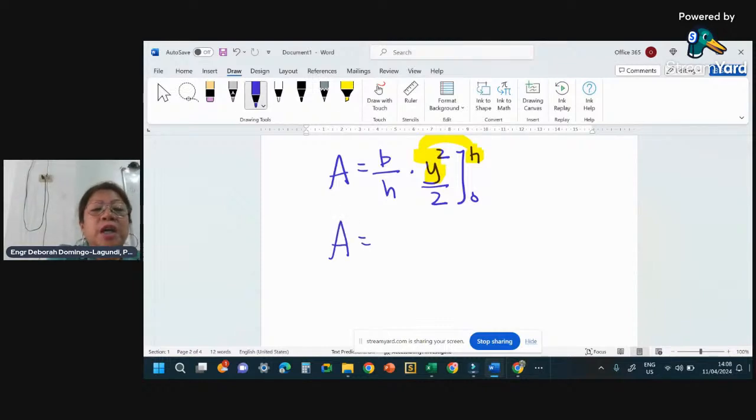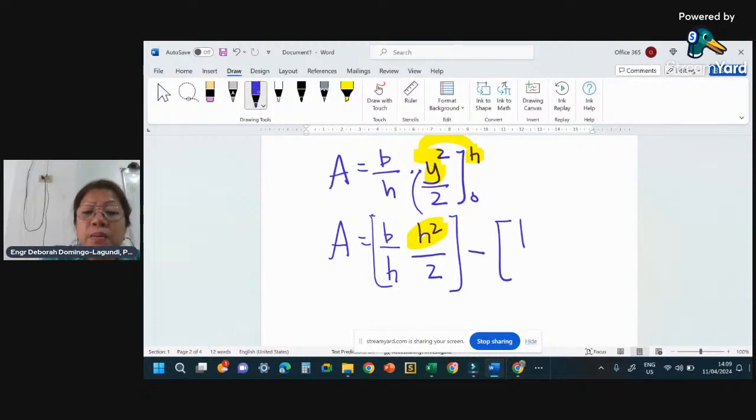So you have A is equal to b over h, upper limit h squared over 2. This is the upper limit minus the lower limit, b over h times 0 squared over 2.